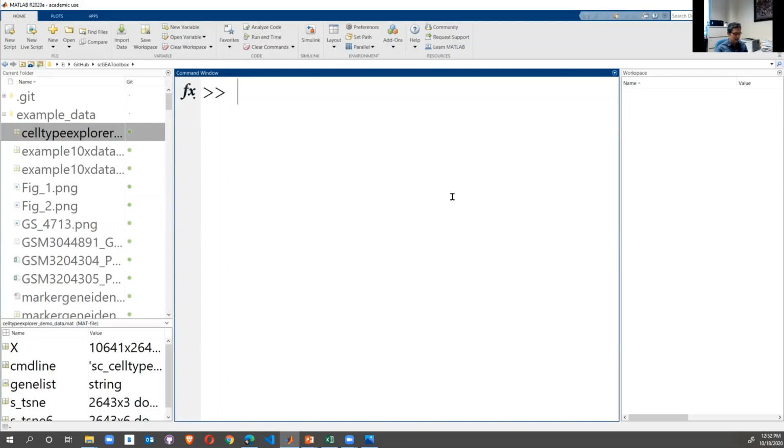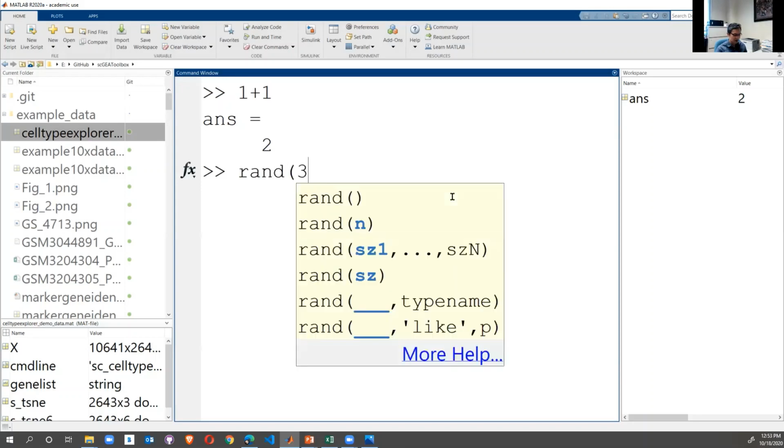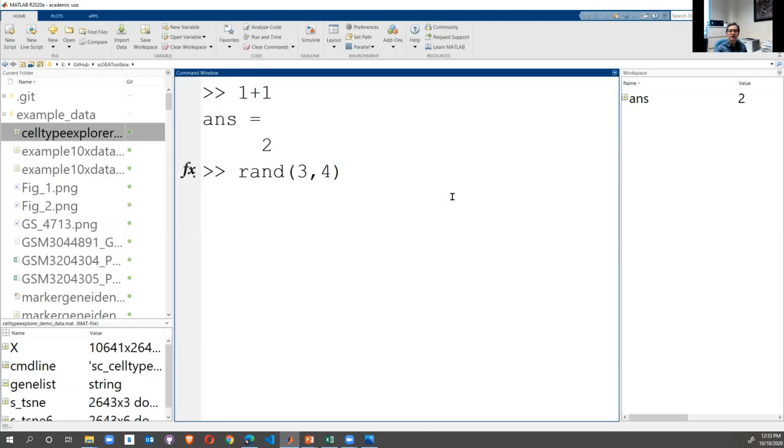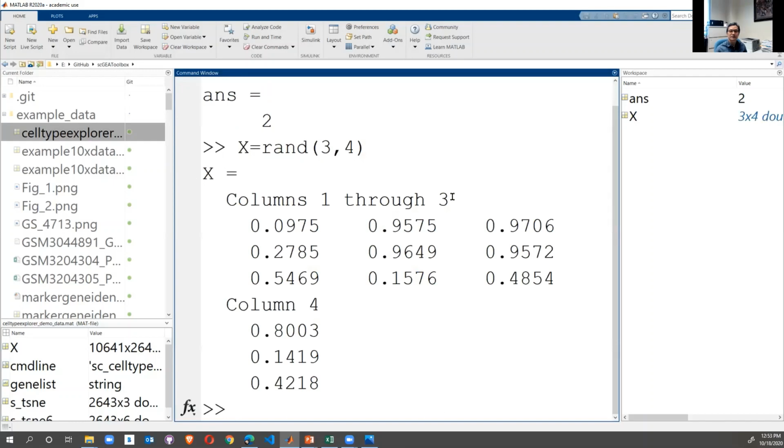So this is an interactive language, so you can use it as a calculator to compute basic mathematical operations. And MATLAB is designed for manipulating matrices, so there are a lot of functions. For example, a random generator can generate a 3 by 4 matrix of random numbers.